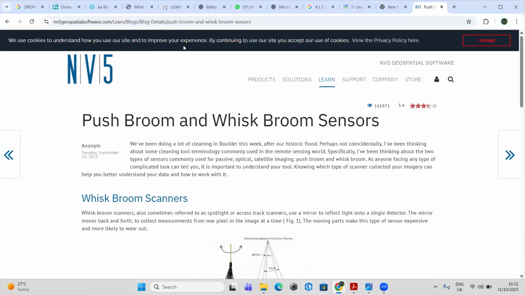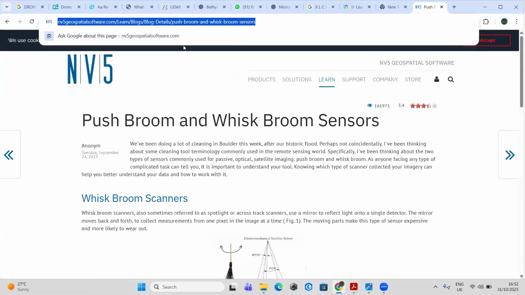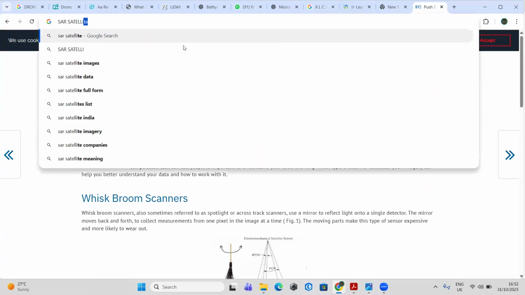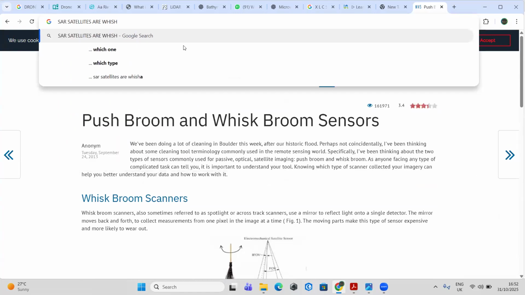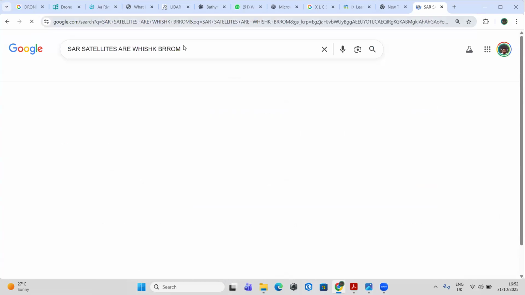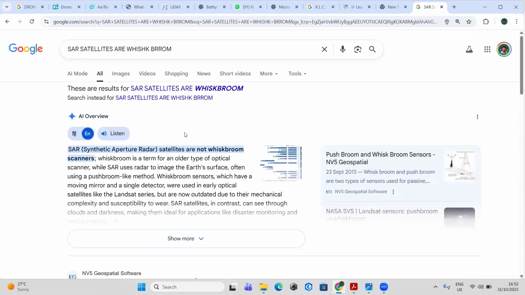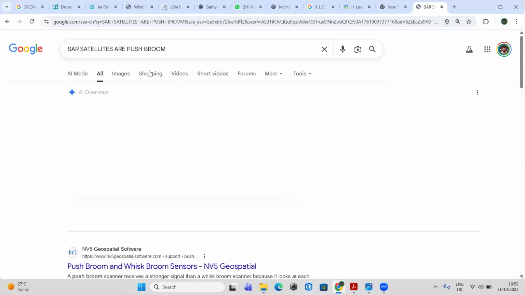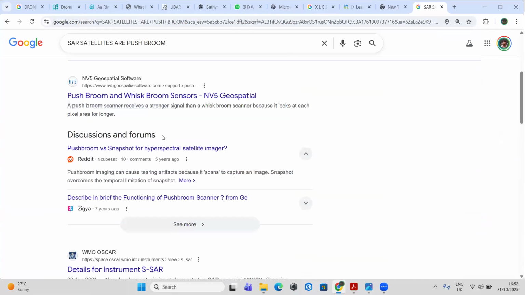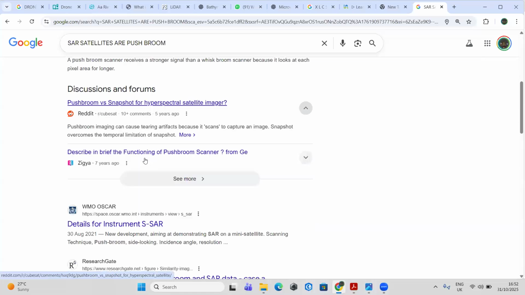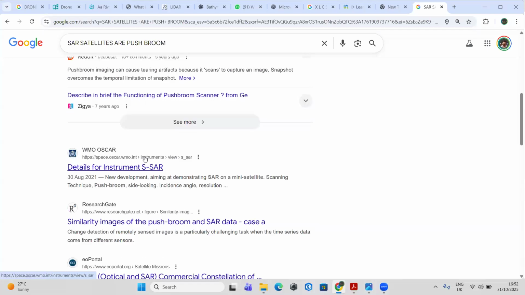But particularly in the case of SAR, SAR is a side-looking push broom.